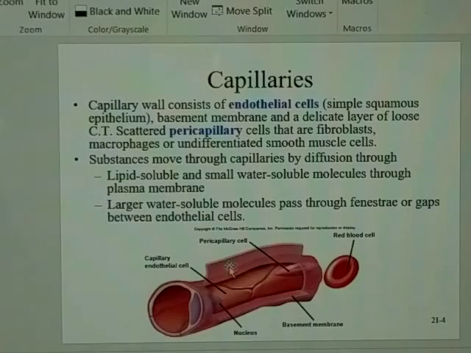So we're going to find that this capillary has gaps known as fenestrae, and it's these gaps that exist between these endothelial cells, these simple squamous cells, that allow movement of materials.